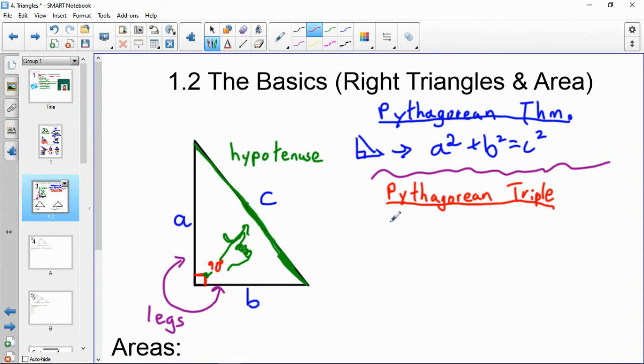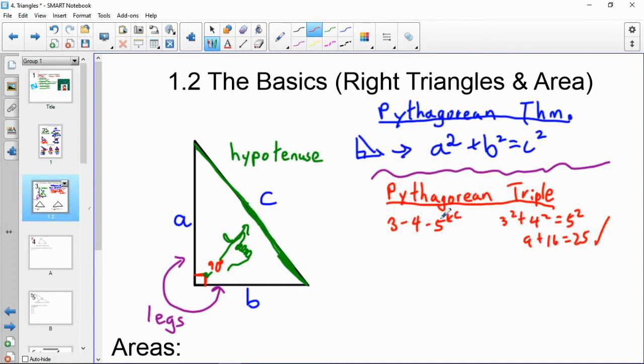So an example of a Pythagorean triple is 3, 4, 5. The reason that's a Pythagorean triple is that if I put it into the Pythagorean theorem, where remember the last number is always the C value, I get 3 squared plus 4 squared is equal to 5 squared, which when we check that math, checks out.